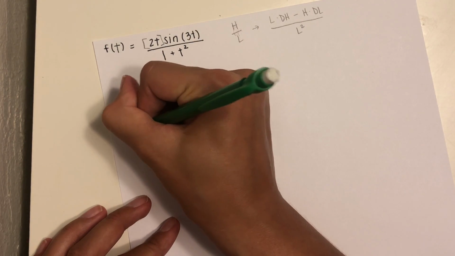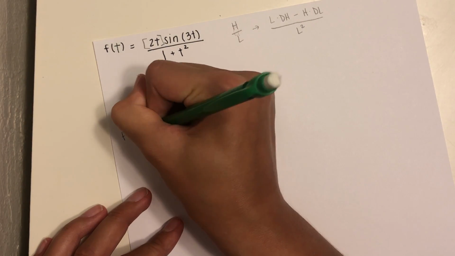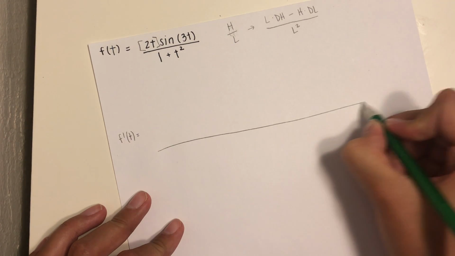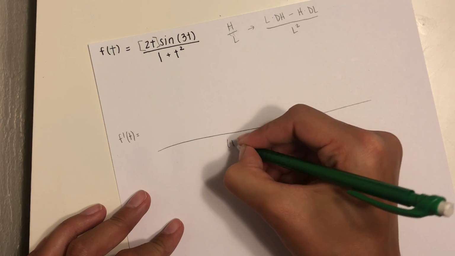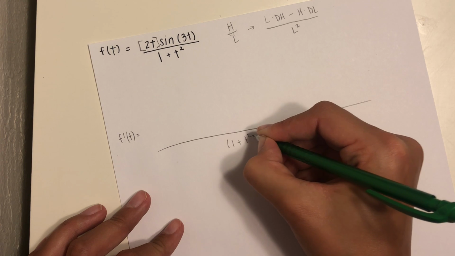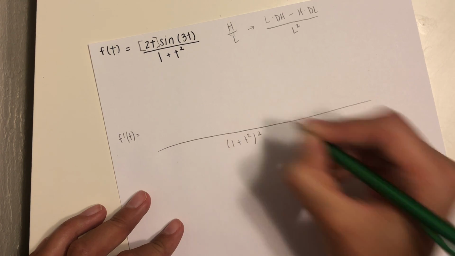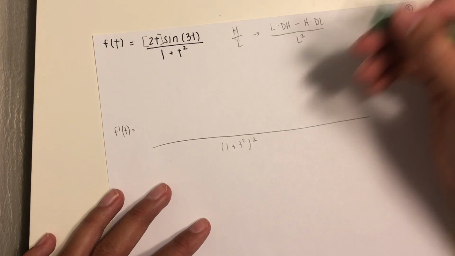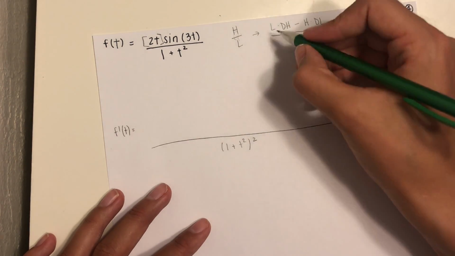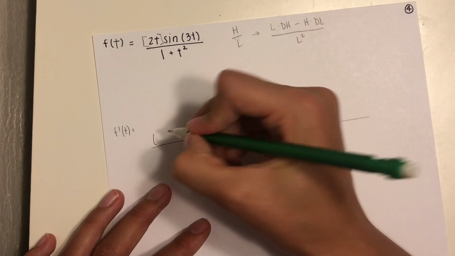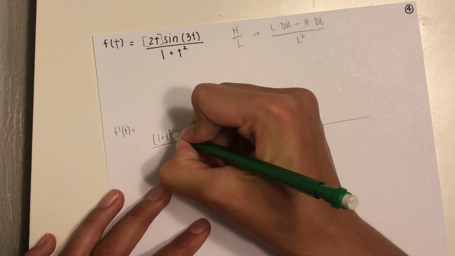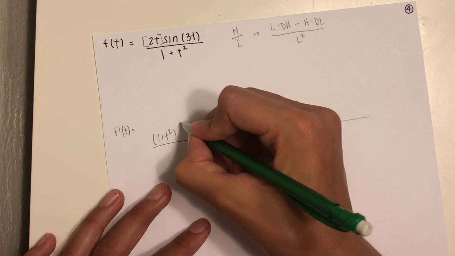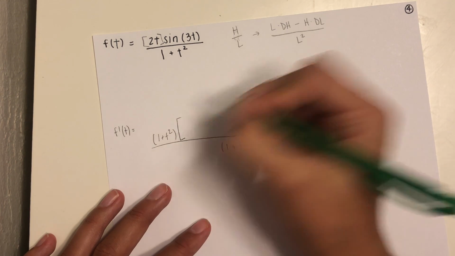I would give yourself as much space as you can because this is going to be a long one. So right away, I'm just going to take care of the low part. So it's 1 plus t squared. And then moving on, low is 1 plus t squared, and that's multiplied by the derivative of the numerator.